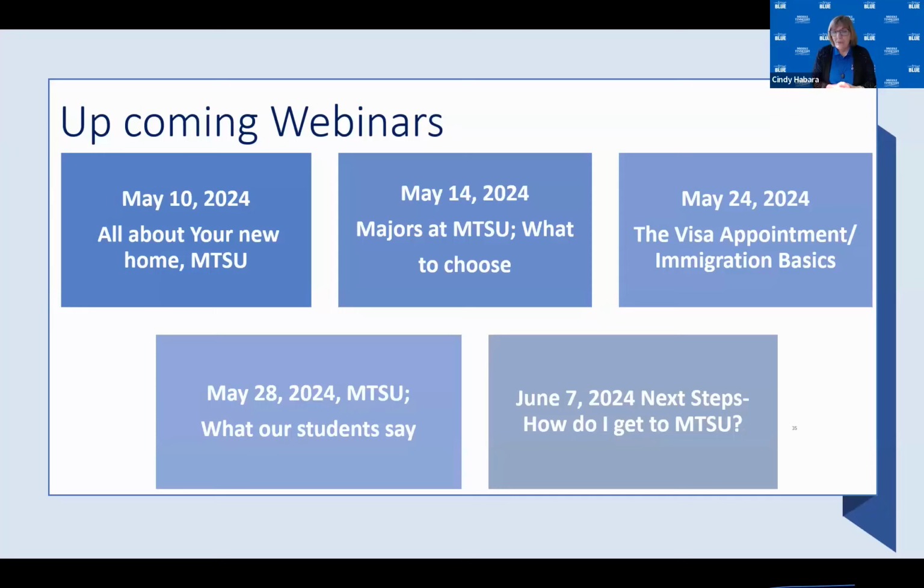And on June 7th, we're going to repeat this webinar for those of you who are ready for the placement test, and for students who are not yet admitted, but are going to be admitted soon: now what do you need to do? Okay, so this is our next 1, 2, 3, 4, 5 scheduled webinars.